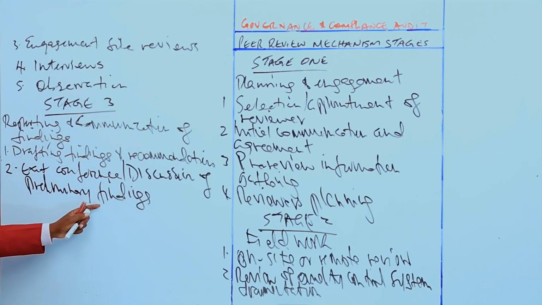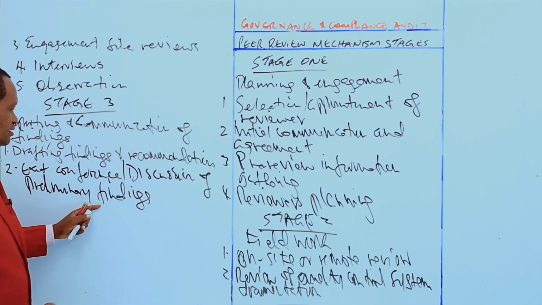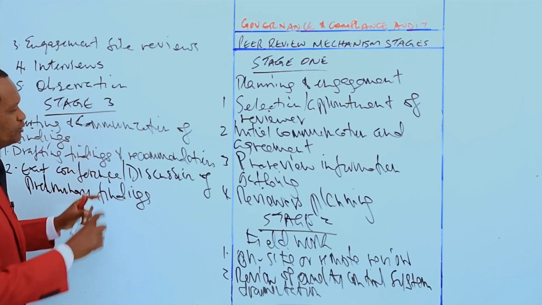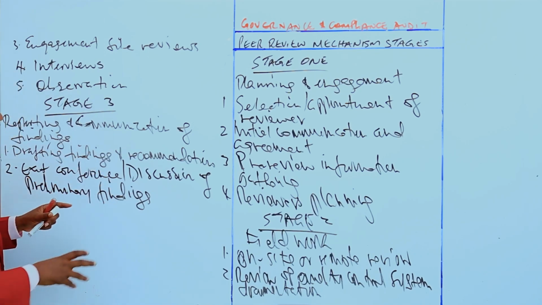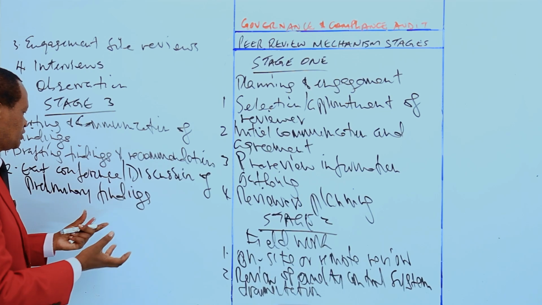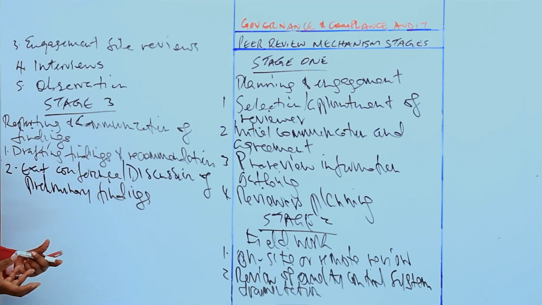At this stage, the two agree or disagree with the findings, and then they discuss the feasibility of the recommendations. These discussions help ensure accuracy and completeness of the final report. It also avoids surprises. Before drafting the final report, the initial findings are discussed with the management of the entity that is being reviewed.